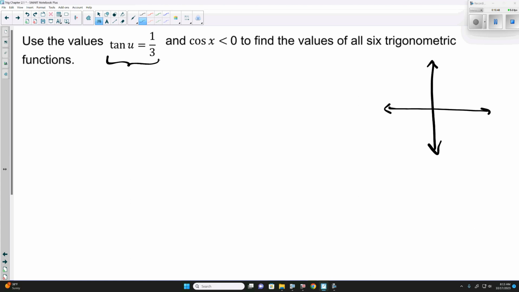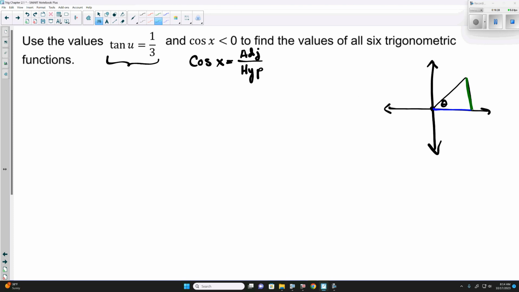Cosine of x is what? Adjacent over the hypotenuse. So adjacent, if we think of this as the center, and I'm just going to draw this triangle, don't draw this one yet. And I said this was our angle with the x-axis, so with this side, would this side of the triangle be the adjacent side?